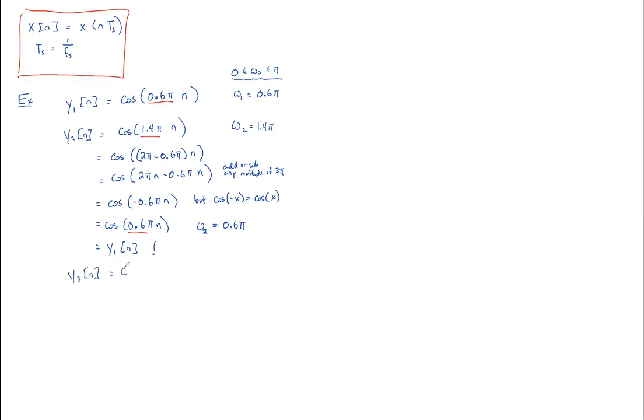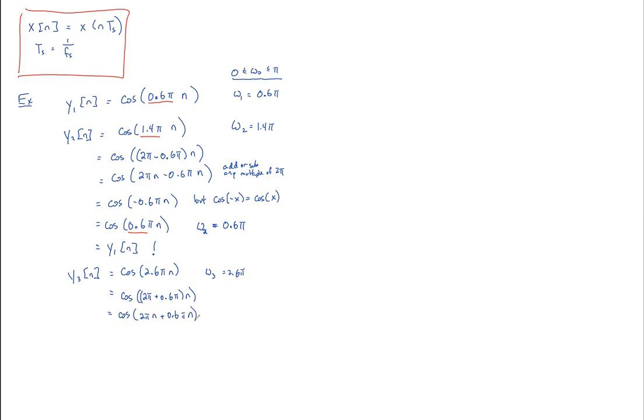If I have a cosine of 2.6 pi, here the math is even easier. In other words, omega 3 is equal to 2.6 pi. Here it's even simpler. We can say that's just the same as cosine of 2 pi n plus 0.6 pi n.